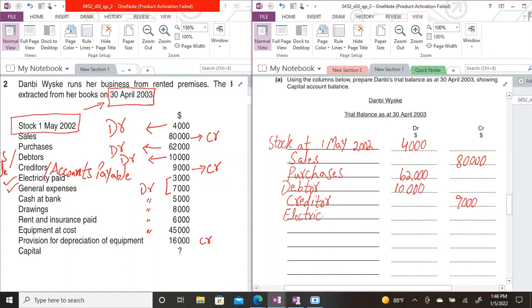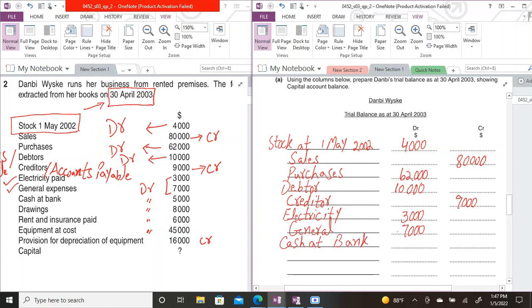Then we have electricity, expense of the business is 3,000. Then general expenses, 7,000. For small expenses like paying for tissue papers, dustbins, so we call them as general expenses.